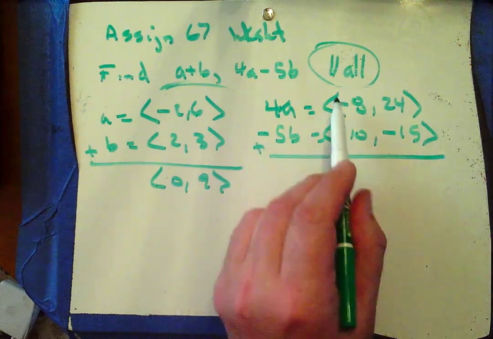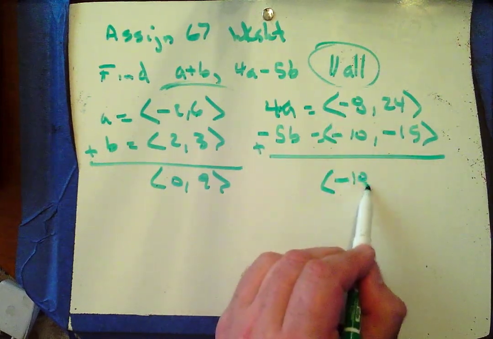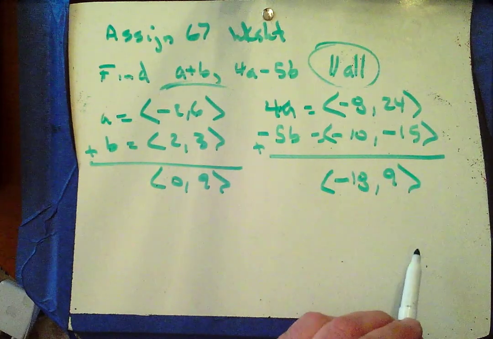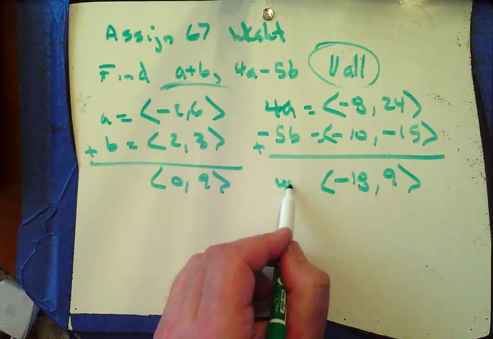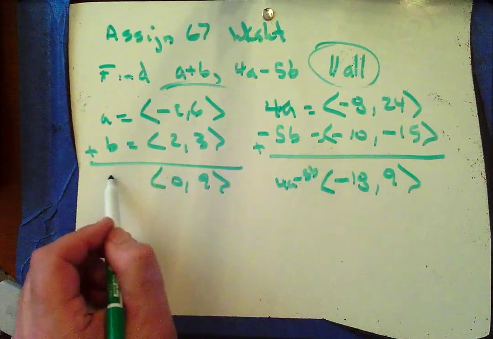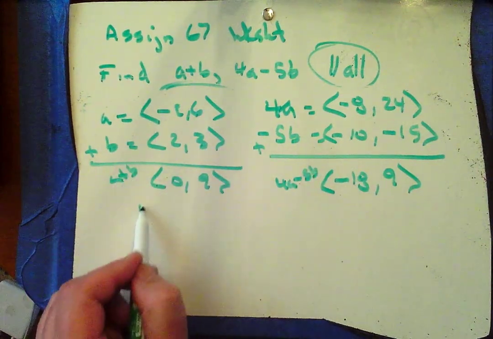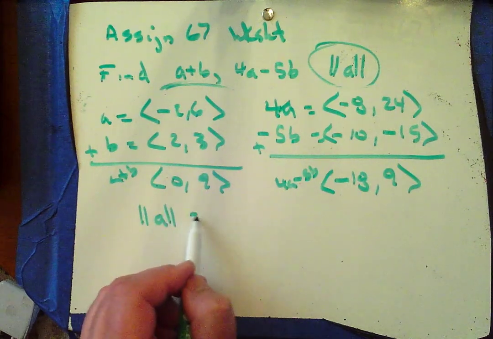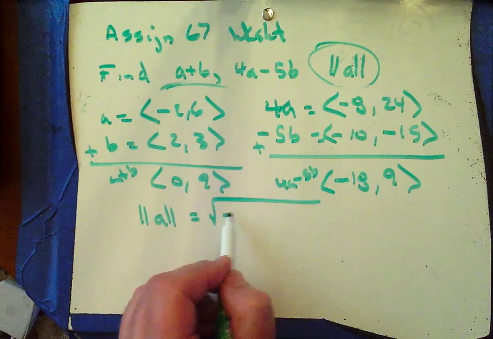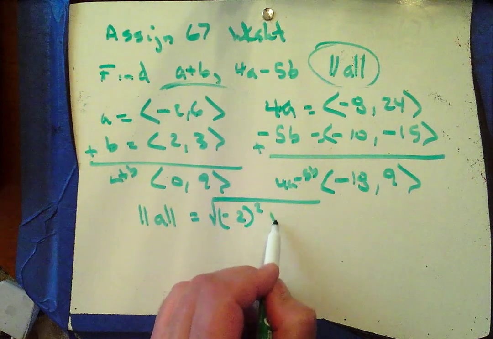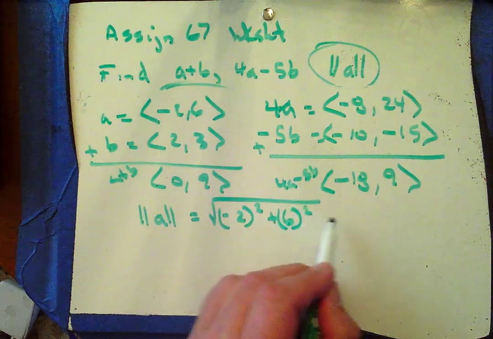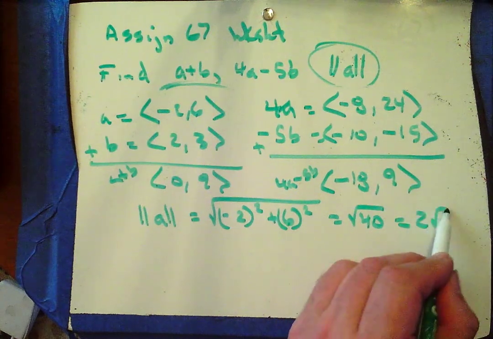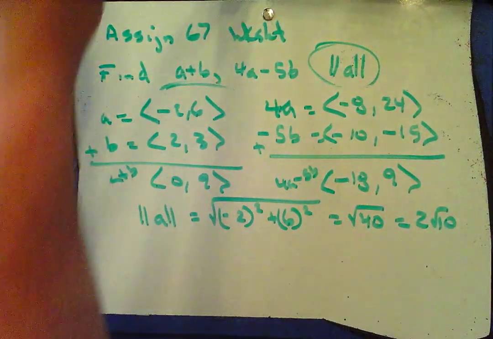And I add those together, and I get negative 18, positive 9. Okay, so there's 4a minus 5b, there's a plus b, and the magnitude of a in this problem is going to be the square root of negative 2 squared plus 6 squared, which is the square root of 40, or 2 root 10. Okie dokie.